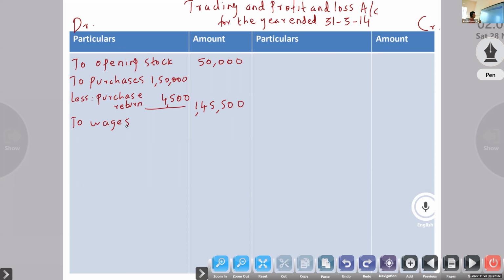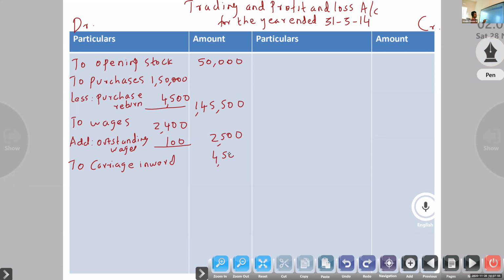Yes, adjustment is there: outstanding, we know that we add outstanding wages 100. 2,500. Next, to carriage inward, 4,500.